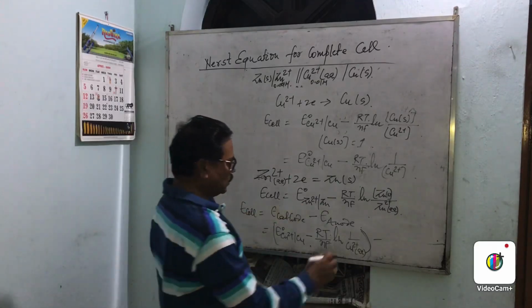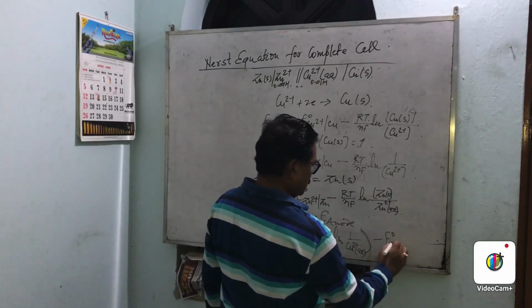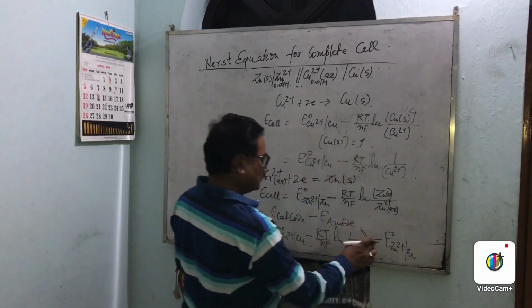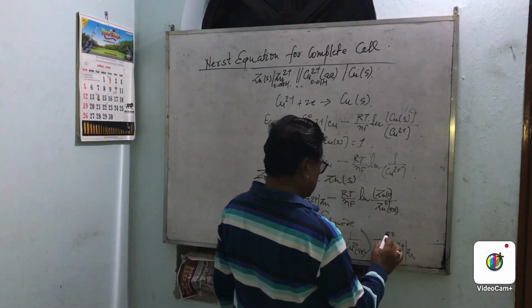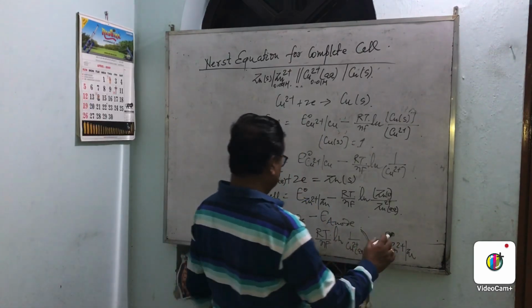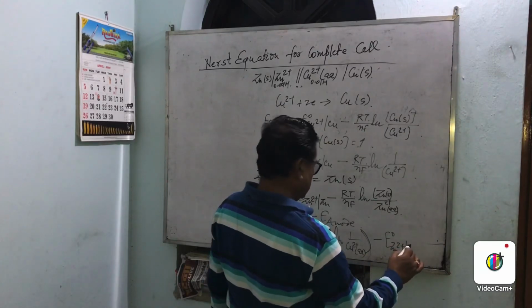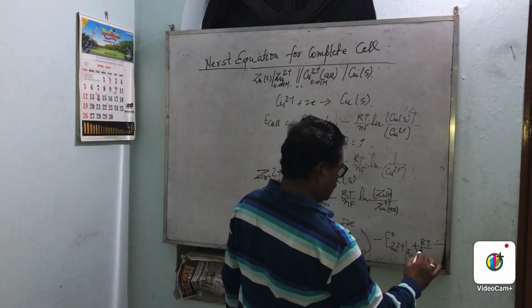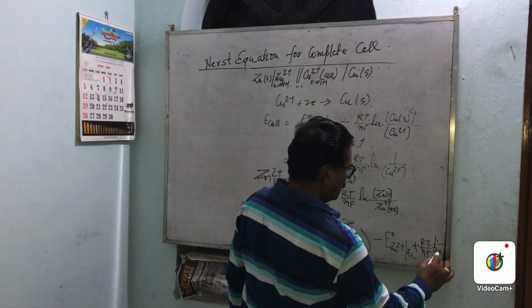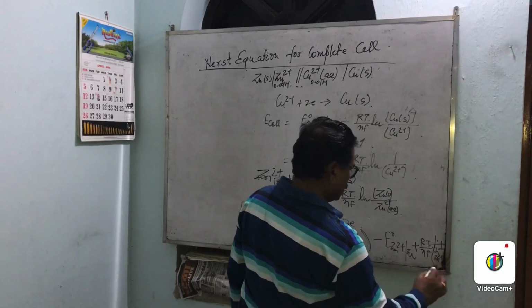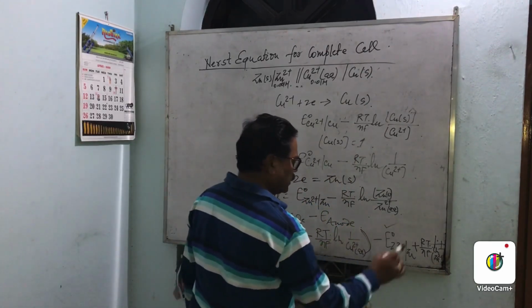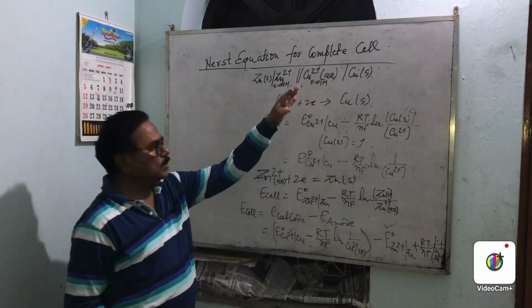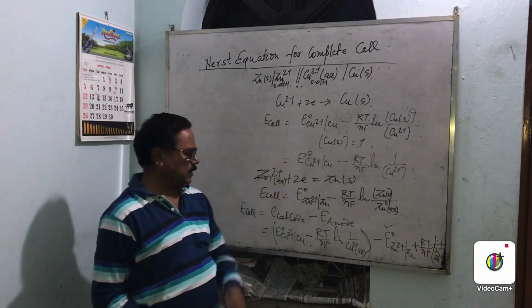We put the other value here, that is E0 Zn2 plus Zn minus RT by NF log 1 by Zn2 plus. Minus and minus becomes plus. So when we solve it, we come to the same equation as given in your book.